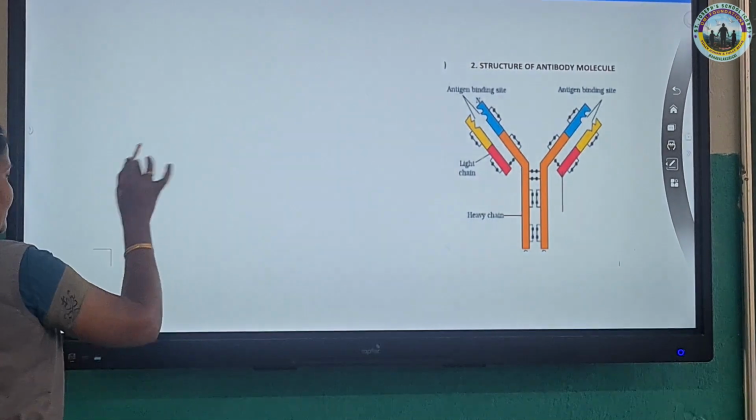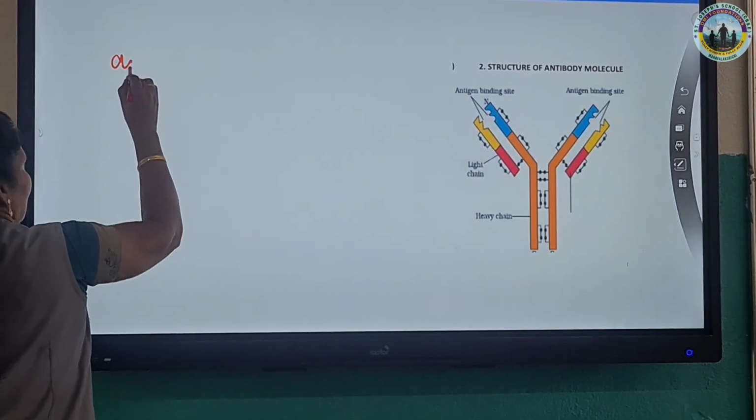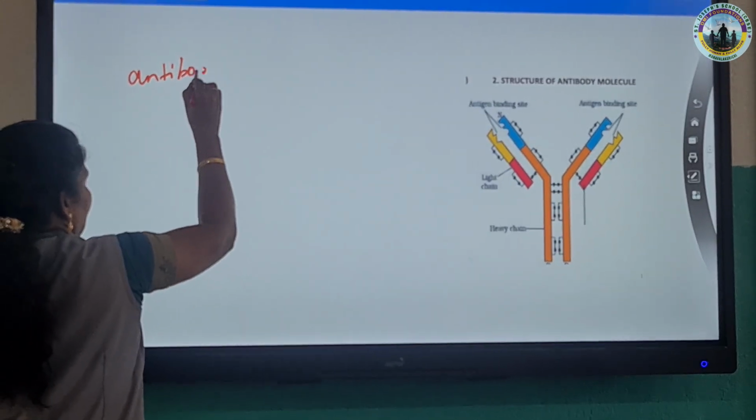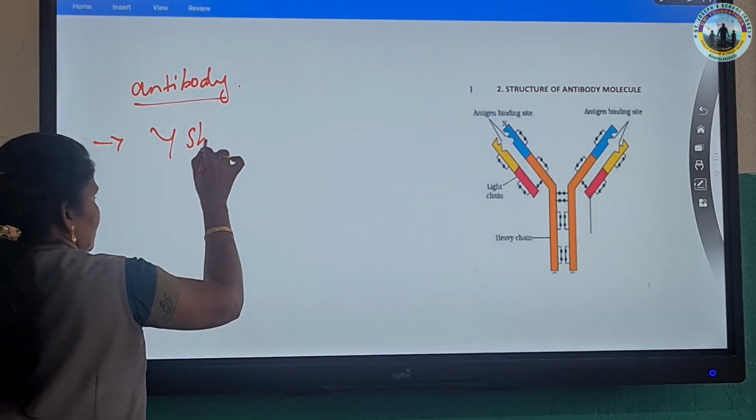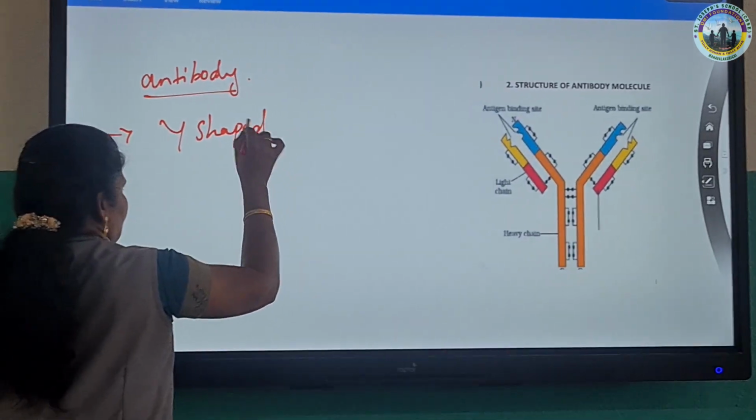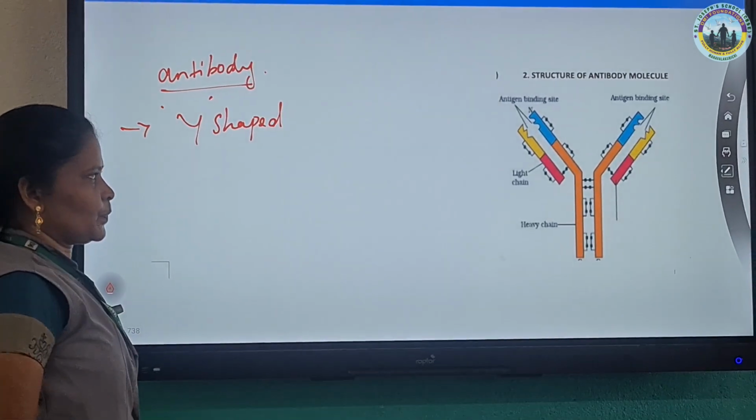By seeing this, which letter is it, remember children? There is the Y letter, right? So what shape is the antibody? Y-shaped. It is a Y-shaped structure.